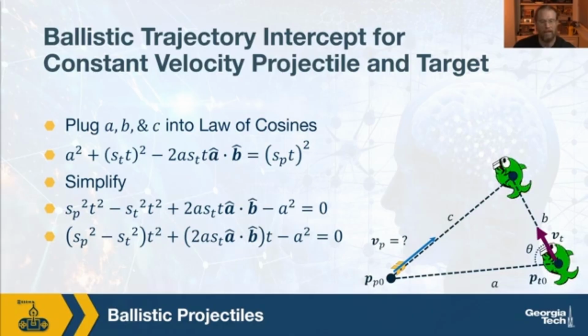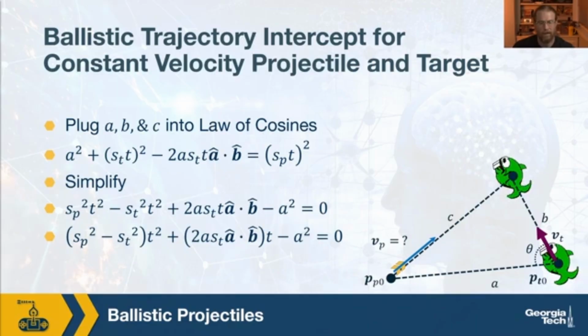We get A squared plus speed of target times T, squared, minus 2 times the length of the edge A times the speed of the target times our T, and then recall the cosine theta, so we can replace that with the dot product of normalized vector A times normalized vector B, and all of that is equal to speed of the projectile times T, squared.